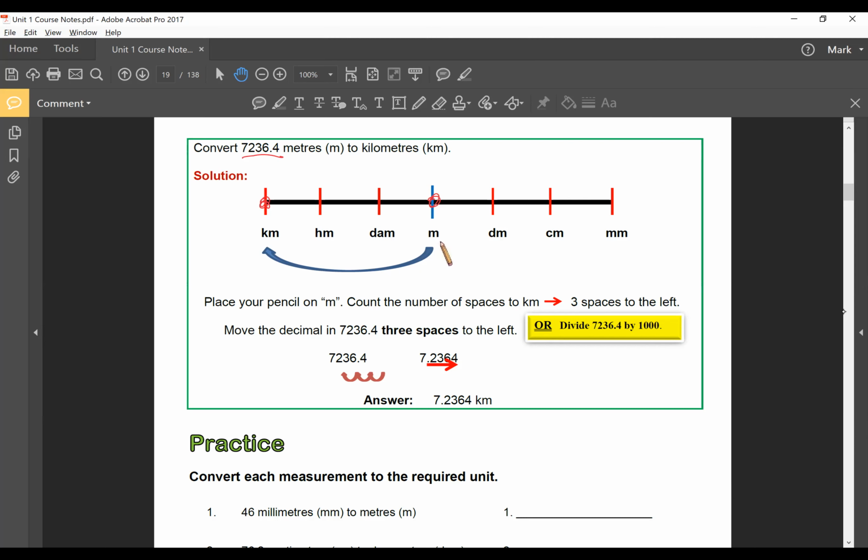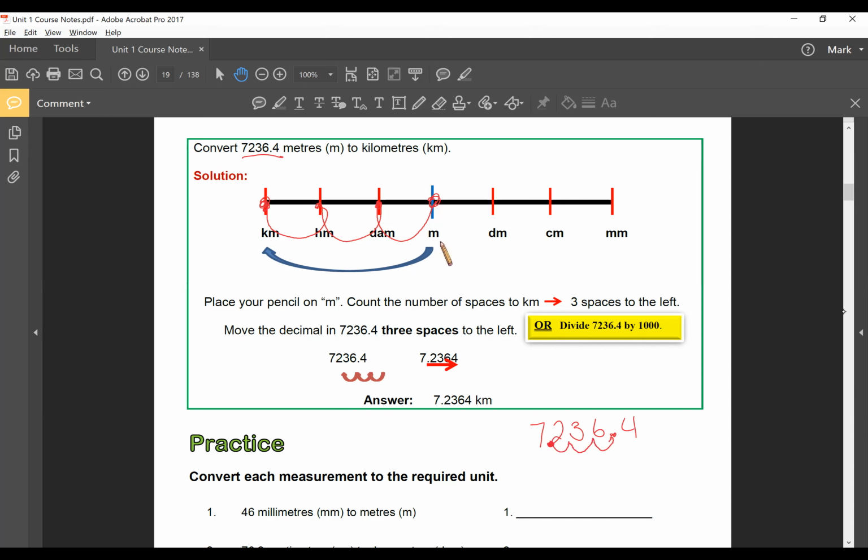You can use the guide here. We're going to go 1, 2, 3. So I go 3 spaces to the left. And as usual, I'll put it here because the number line, I think the PDF kind of shifted some things. So 1, 2, 3.